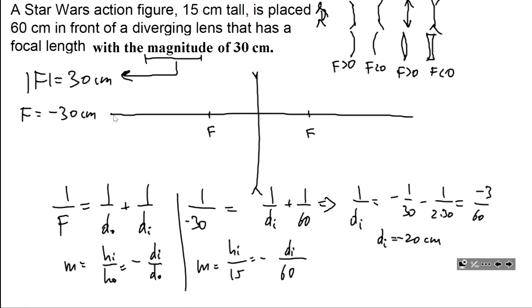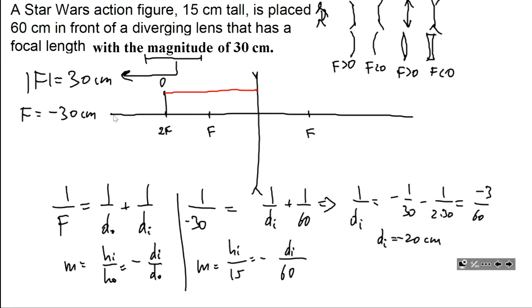Oh, this is diverging, so 60 is here, 60 is 2 times 30. We place an object here, and now we can draw 2 rays. Now we need to know which focal point to choose to draw a ray correctly. This is a diverging device. So what does it do?